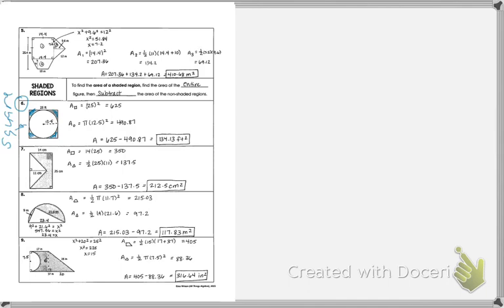Then we find the area of the circle, and we subtract what's not shaded, that being the circle. So here we have the area of the square, minus the area of the circle, and then we get that.